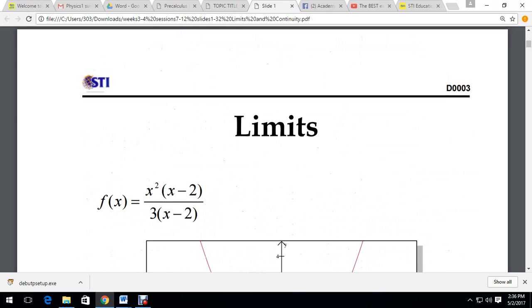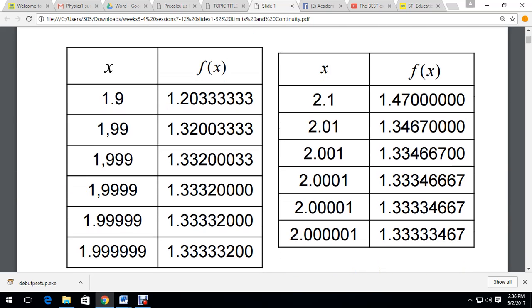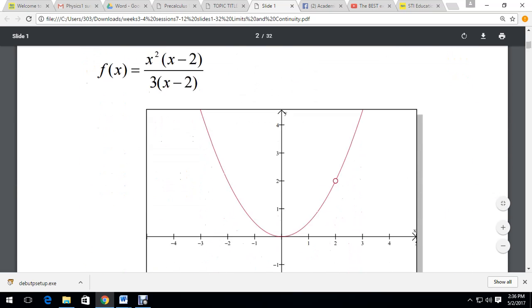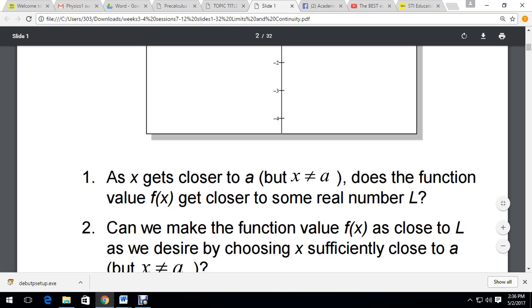L? As illustrated in the previous table, we know that if we try to get the value of x closer and closer to 2, our f of x gets closer and closer to a number which is somewhat equal to 1 and 1/3 or 4/3. So in our question, the answer is actually yes.